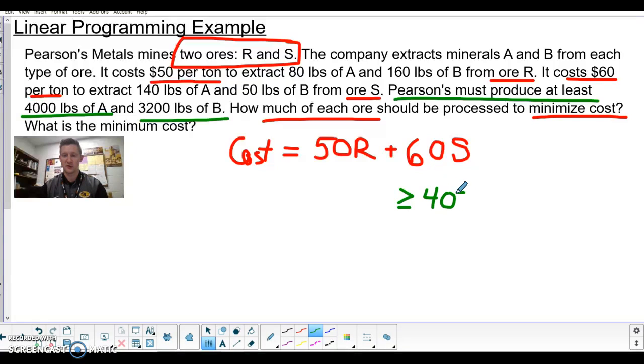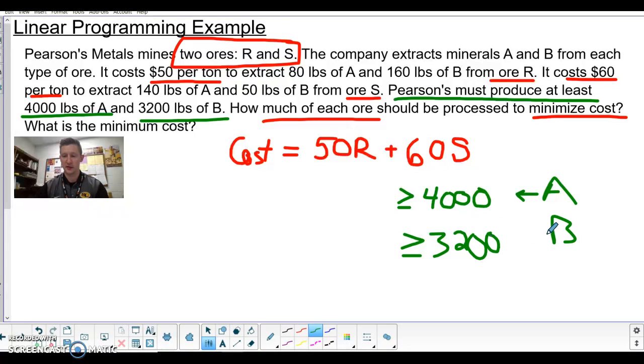This is going to be my A equation. I'm not actually going to use A in the equation itself. I just know that this is the amount of pounds of mineral A that we need. Then at least 3,200 pounds of mineral B. Again, I'm not using those variables. I'm just telling you this is the B equation.